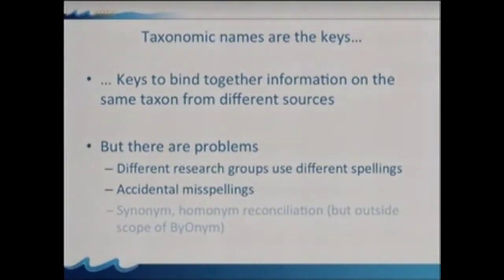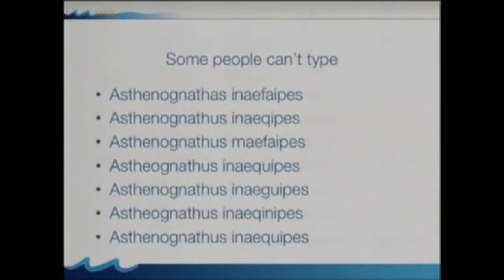We'll see some examples of that later on. There are other problems that we'll not discuss today, also because they're a little bit outside the scope of our own activities within iMarine. That's synonymy, homonymy, and so on. So it's not always that the same name covers the same content.